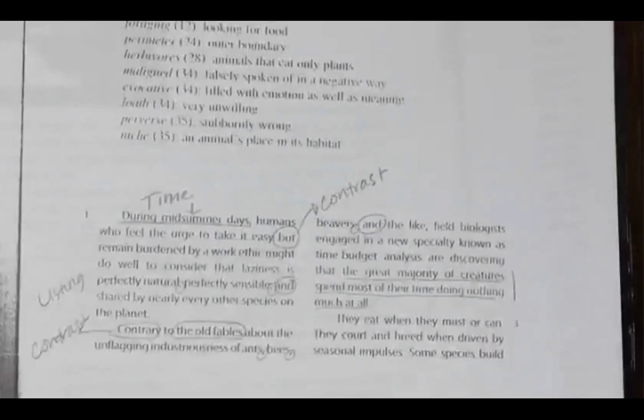And then what else is in this? I've circled these commas and the word and. Contrary to the old fables about the unflagging industriousness, which just means busyness, of ants, bees, beavers, and the like. What is that? Examples?